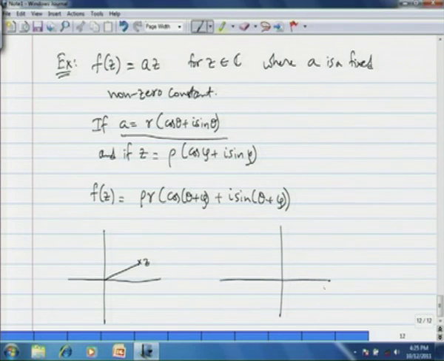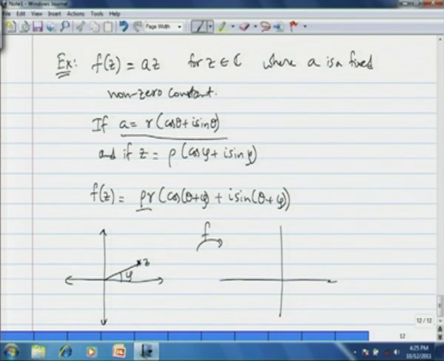So, the image of this point z is going to be a complex number with modulus r times the modulus of z. Let me also say that z is a number with an angle phi with the positive x axis.